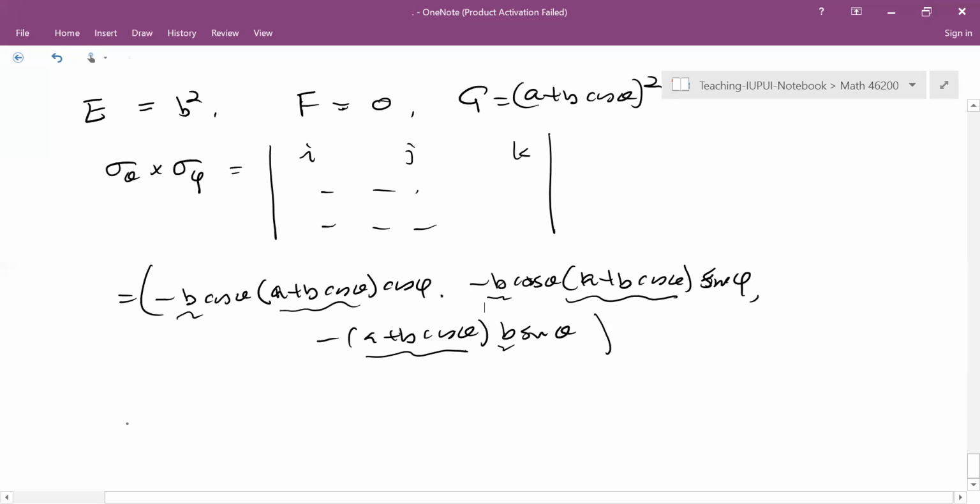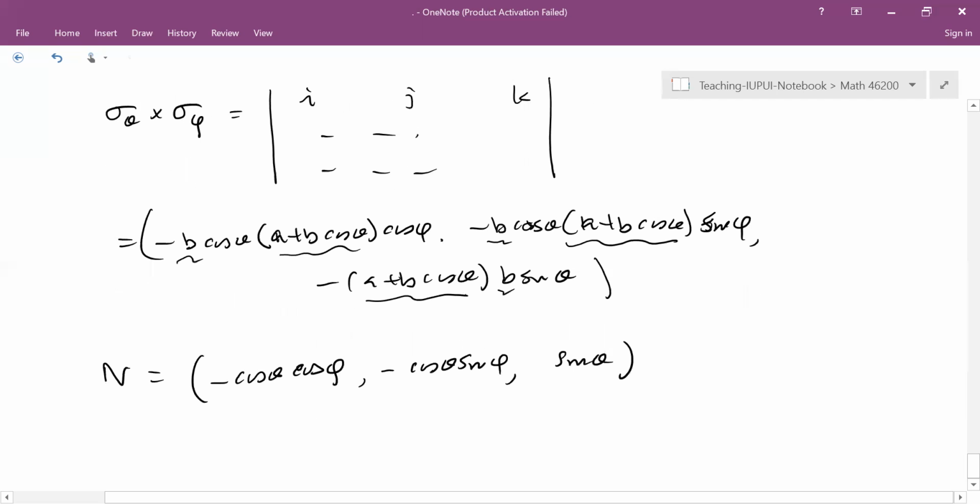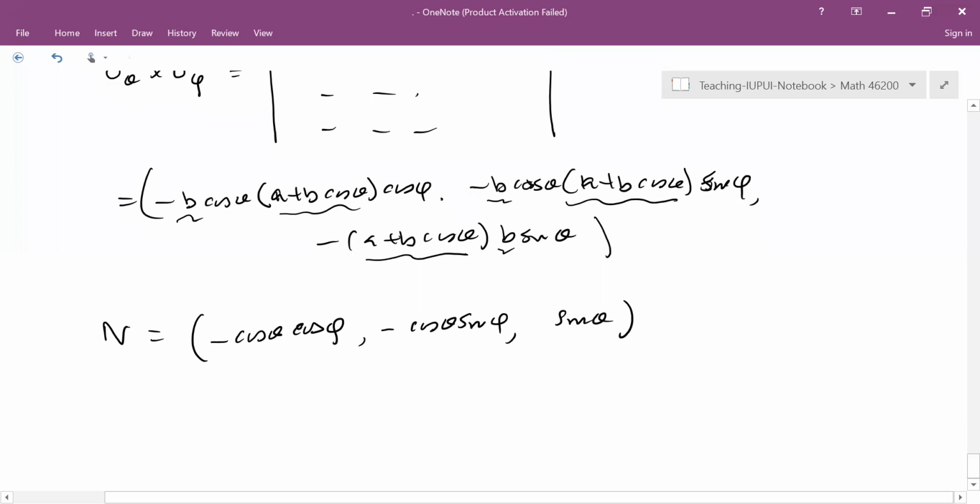So the normal vector is going to be negative cosine theta cosine phi, negative cosine theta sine phi, and then sine theta. Okay, this is a unit vector. Now, when you square it, you get cosine square theta, then plus sine square. So this is a normal vector.